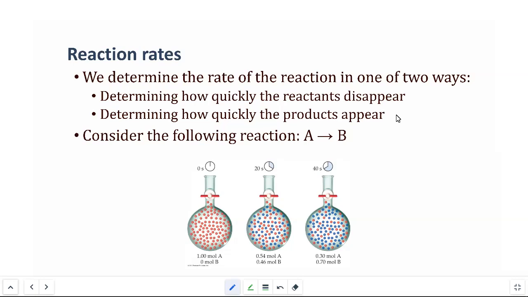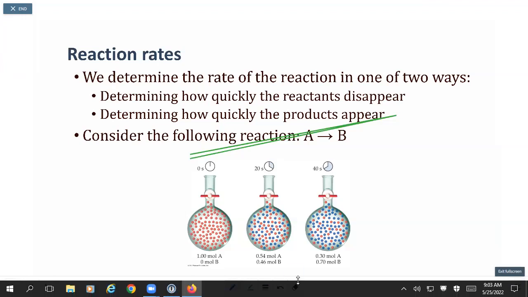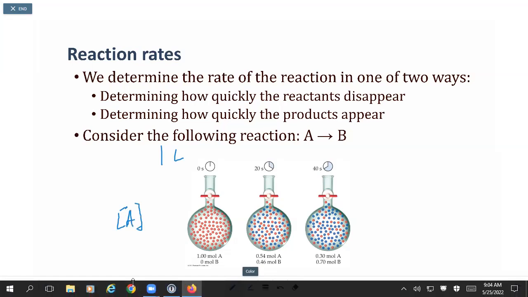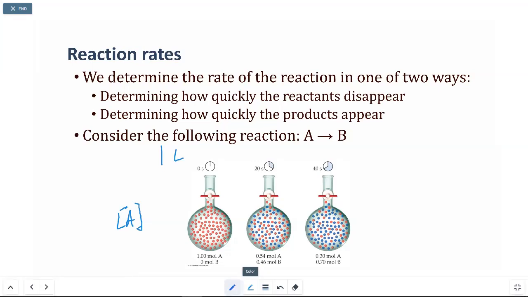Now, as far as rates of reaction are concerned, let's presume that this is a 1 liter container. If this is a 1 liter container, then the current concentration of A, just so you know, when we put a substance in brackets like this, this is going to refer to its concentration in molarity, moles per liter.